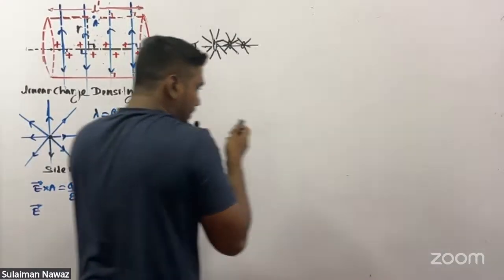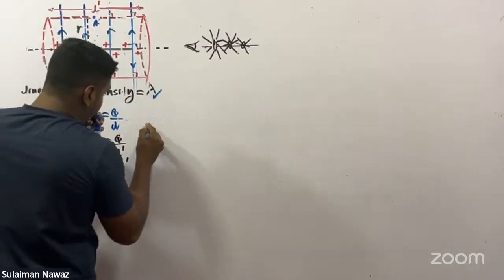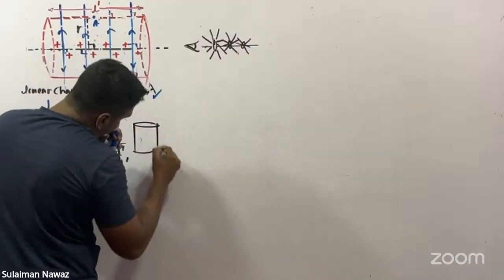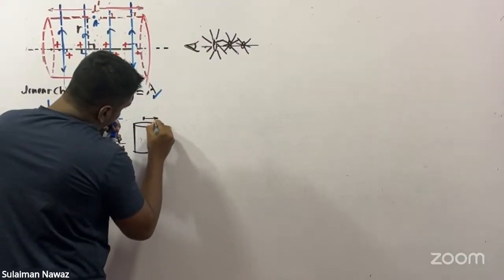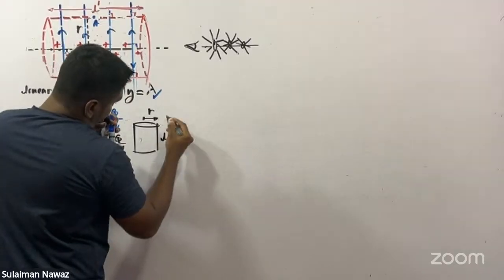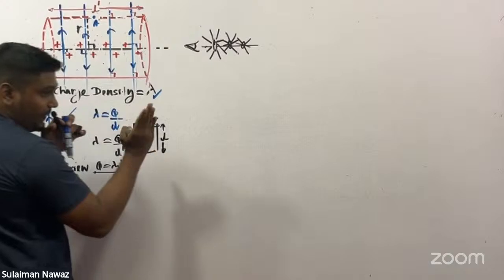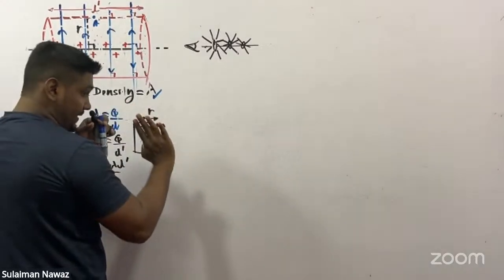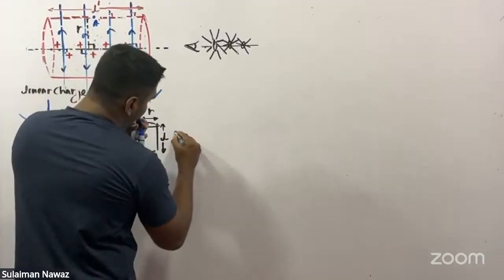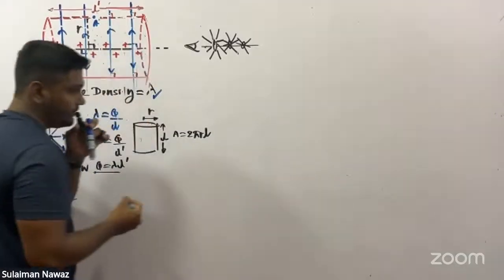Always we learned how to find the surface area of a cylinder. If you can remember, a cylinder having a radius r and a height h. For height I say L something. The curved surface area of the cylinder can be given by 2 pi r L. You learned the 2 pi r L equation, right?